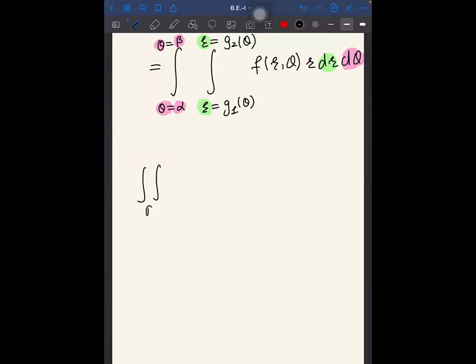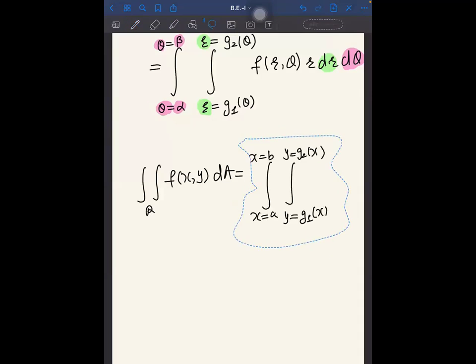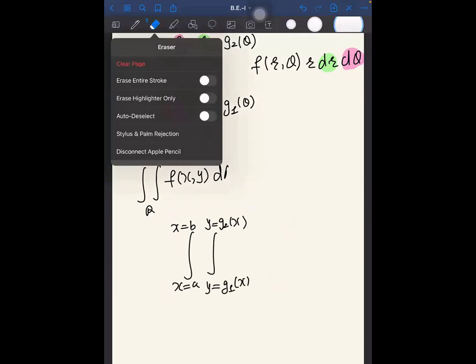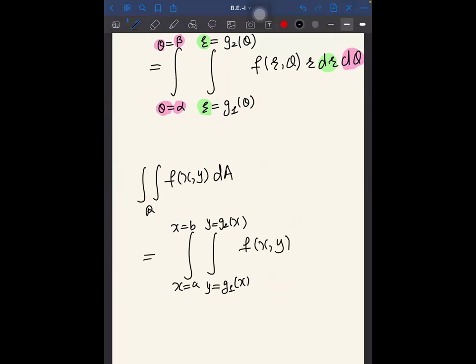See, at that time we used to write it as f(x,y) dA, with x running from a to b and y running from g1 x to g2 x, of f(x,y) dy dx, for the known reason: because y is here, that's why dy is here, and x is here, that's why dx is here.